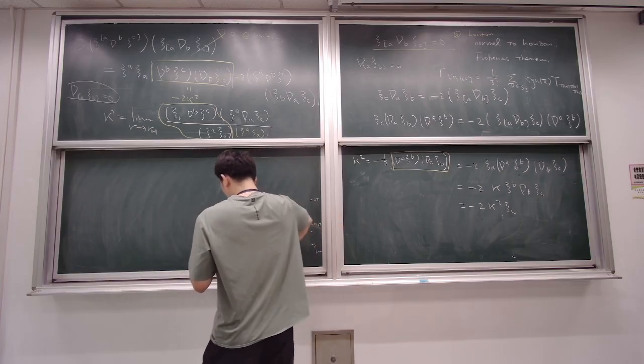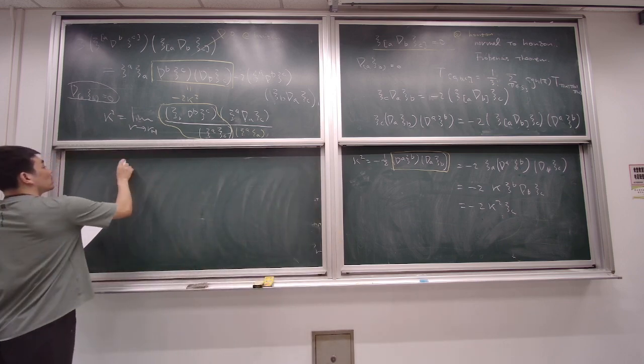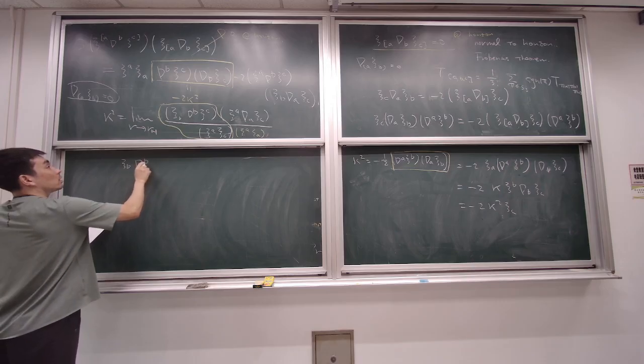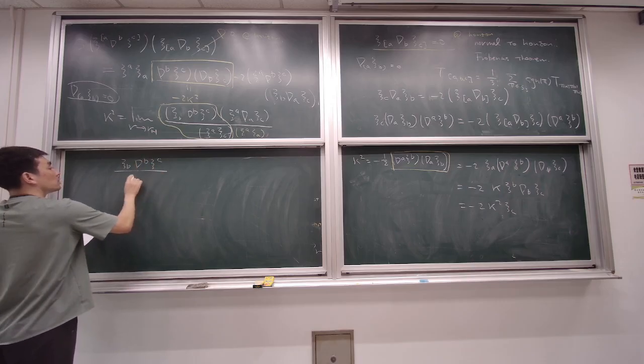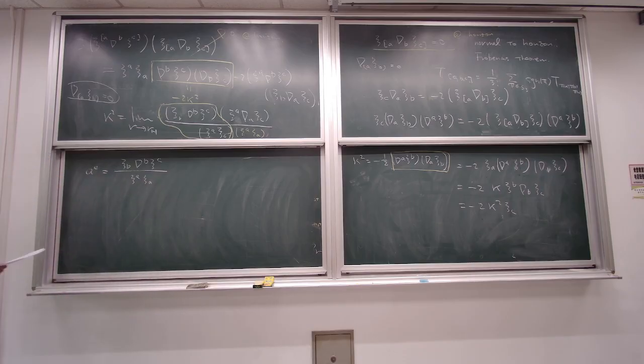Now we are going to evaluate this quantity, CB, del B, CC, this is CA and CA. We call this one SC. Why multiply in the denominator?